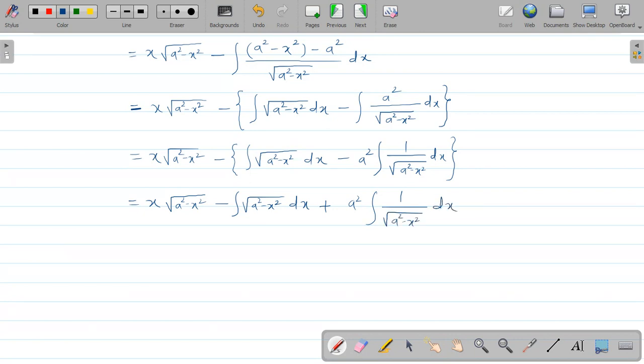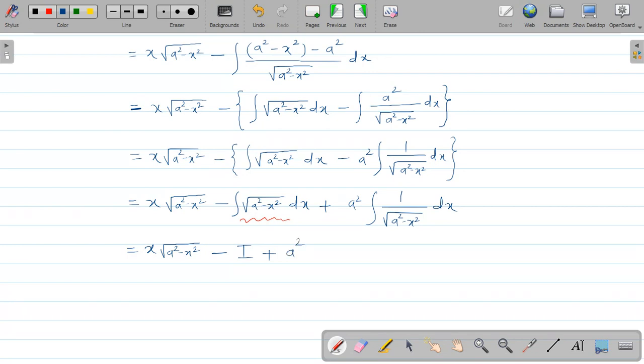Now if you observe this step carefully, there is the integration of root of a square minus x square dx again. Here we get the same integration that we are going to evaluate. So we can replace this integration by I. So keep x into root of a square minus x square as it is, minus this can be expressed as I, because the same integration we have got here, plus now this is a square as it is.